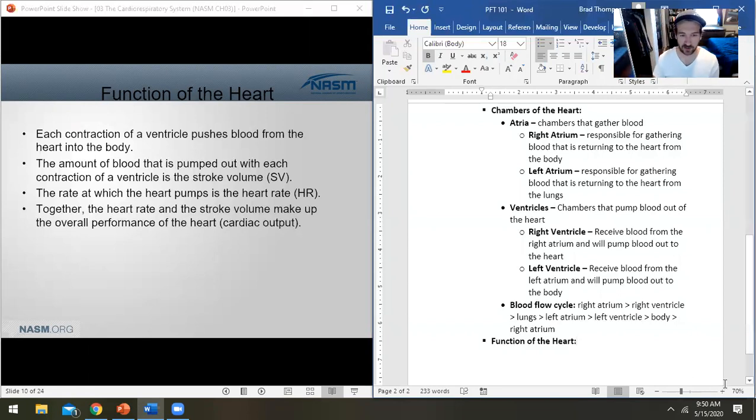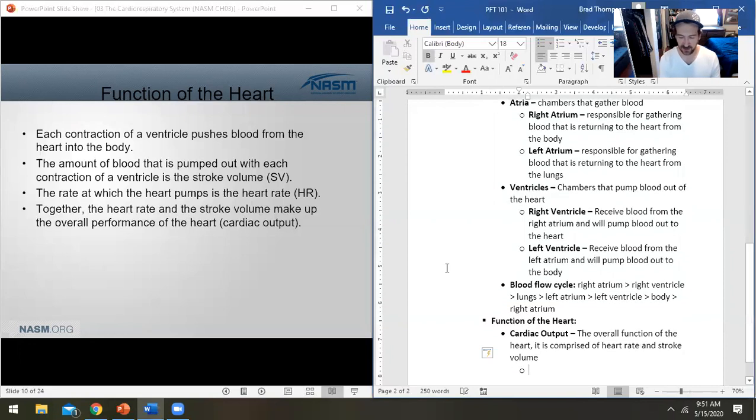So function of the heart, we're going to refer to this as cardiac output. This is the overall function of the heart. It is comprised of heart rate and stroke volume.